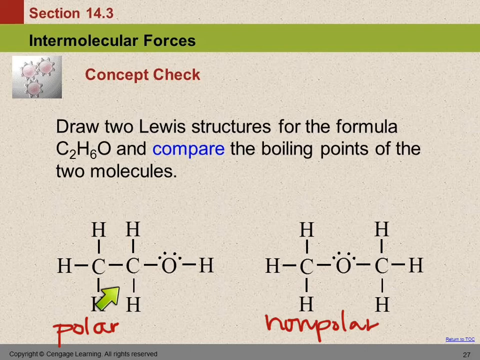Do you think this molecule has hydrogen bonding? Yeah. We've got a hydrogen-oxygen bond. So this is a polar molecule, so this has much stronger intermolecular forces. This has the hydrogen bonding, the London dispersion forces, and the dipole-dipole forces. This guy, being nonpolar, pretty much just has the London dispersion forces. The oxygen in the middle makes it a teeny tiny bit polar.